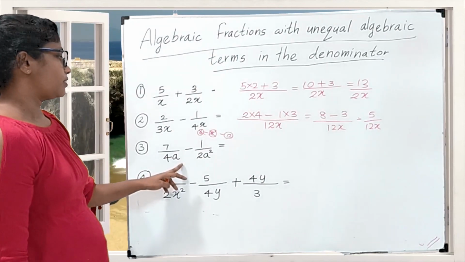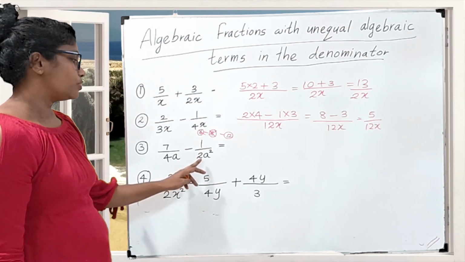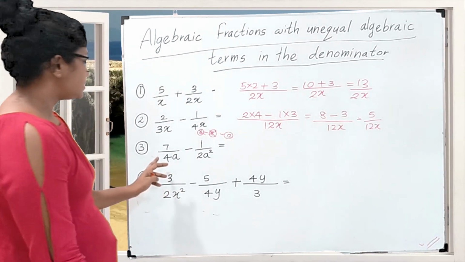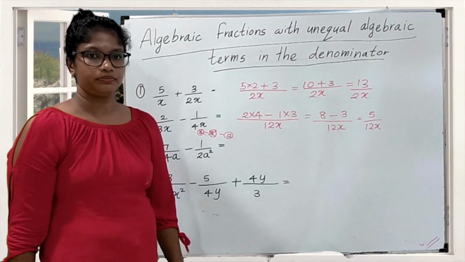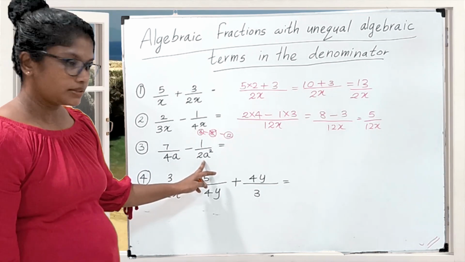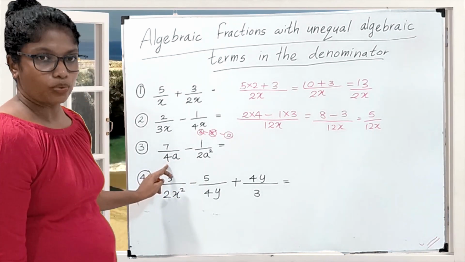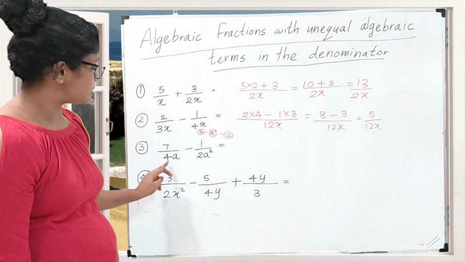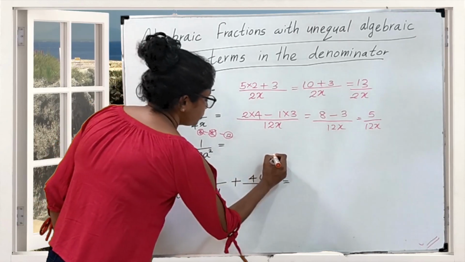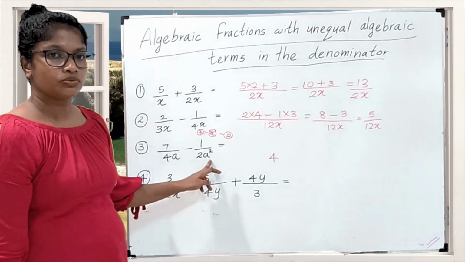Okay. Then the next one. 4a and 2a to the power 2. What is the common denominator here? 4 and 2. From that, we can get the value 4 because it is divisible by 2. And 4, a and a to the power 2.